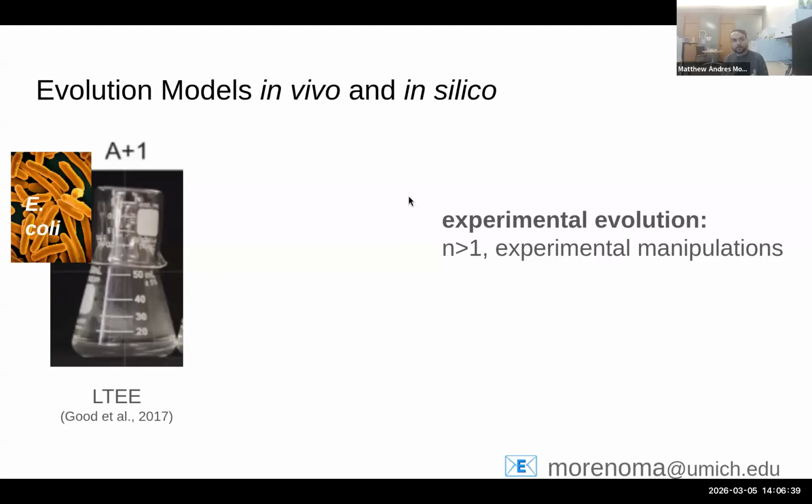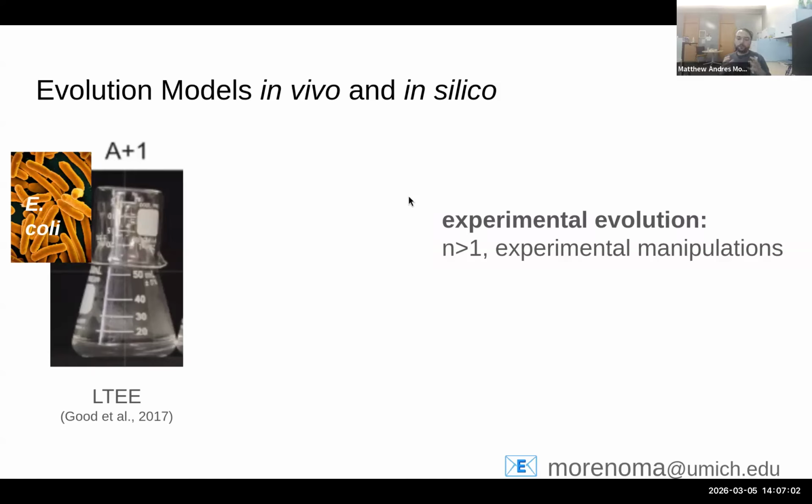Experimental approaches to studying evolution go hand in hand with simulation and modeling approaches, where some experiments are not practical. They require manipulations that can't be performed on living systems, such as, for example, disabling certain types of mutations.